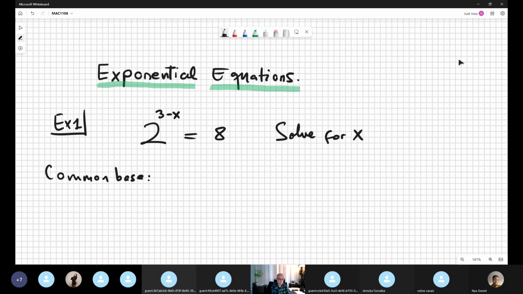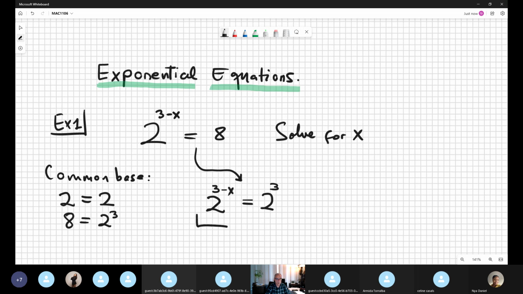No idea? Well, let me try. 2 is 2. I understand very well this. But 8 is 2 to the third power, yes or no? 2 times 2 is 4, times 2 again, 3 times is 8. So you replace, not this equation anymore. It's 2 to the 3 minus x equal, instead of 8, you put 2 to the cubed power.